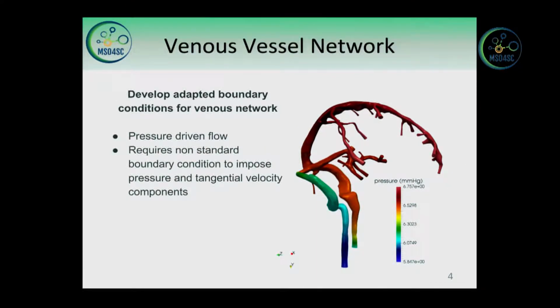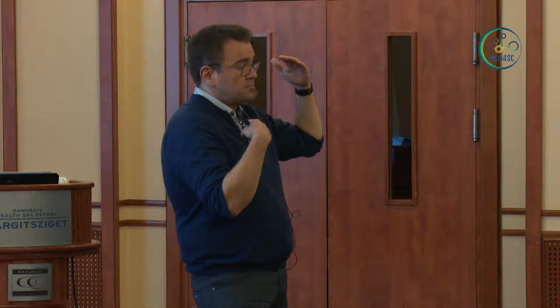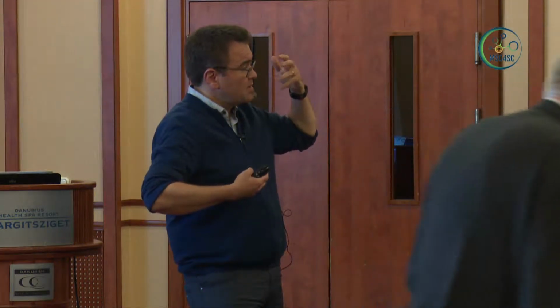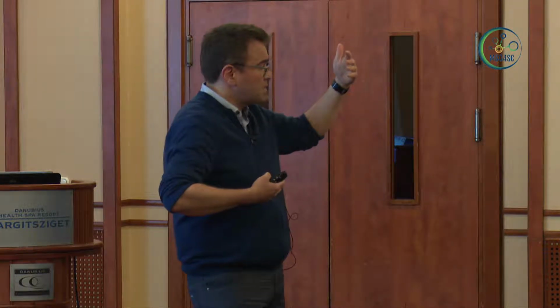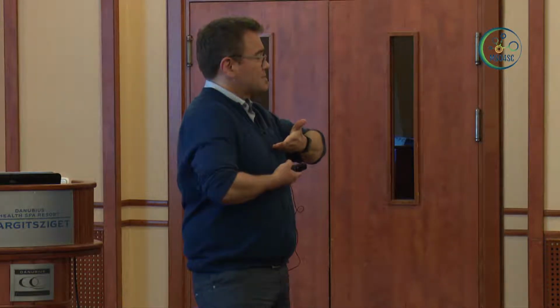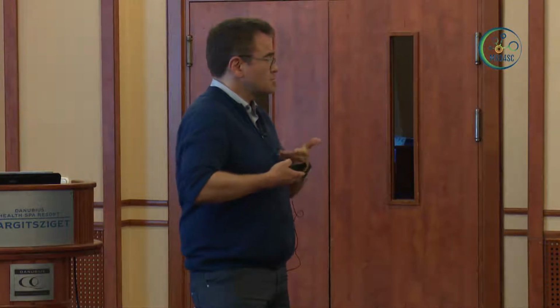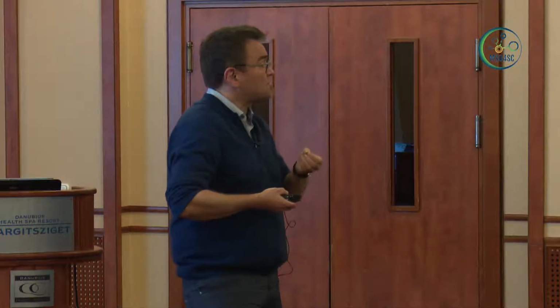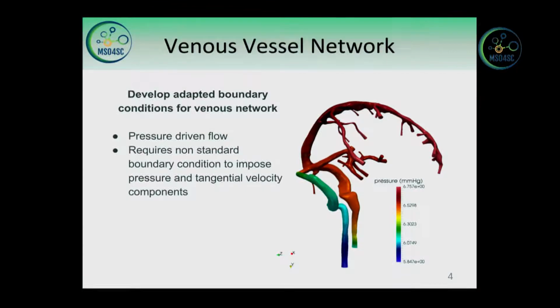Another important point is that in the brain, in the venous network, the blood is driven by pressure. You have a pressure drop between the output of the capillaries and the thorax. You have a pressure drop, which drives the blood flow. And here, in order to take pressure into account in a blood flow model, for example Navier-Stokes, you would need non-standard boundary conditions.